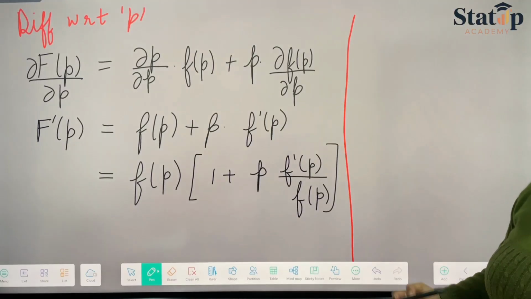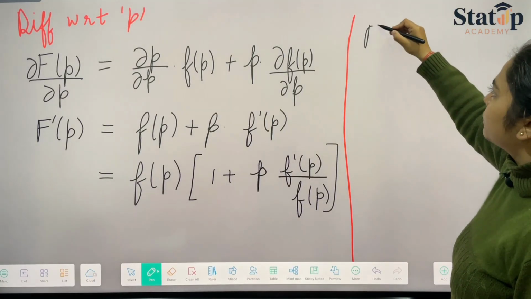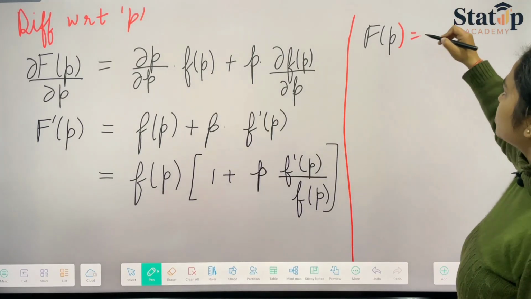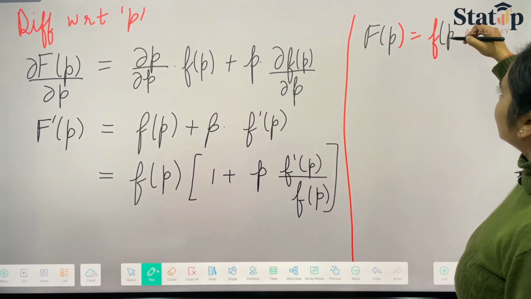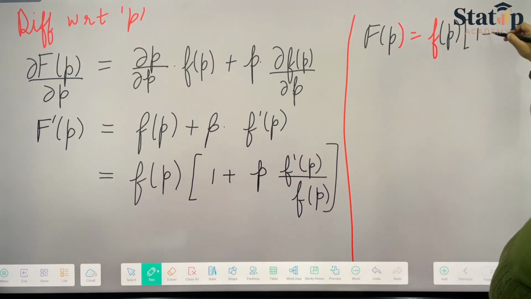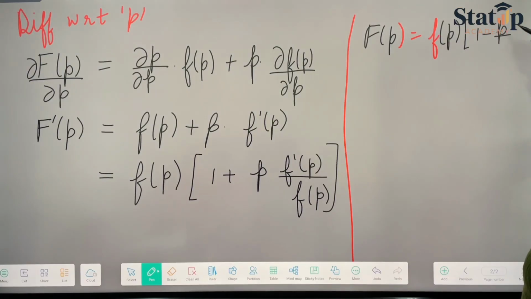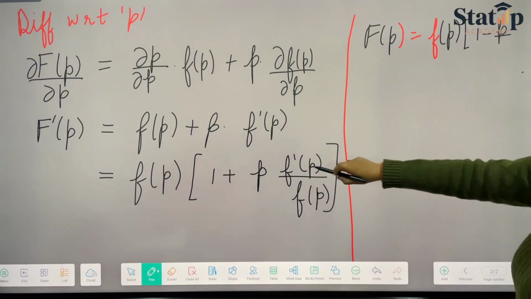Now we can also write this as F'(P) equals f(P) bracket 1 minus P upon f(P), and here we can open this f'(P).